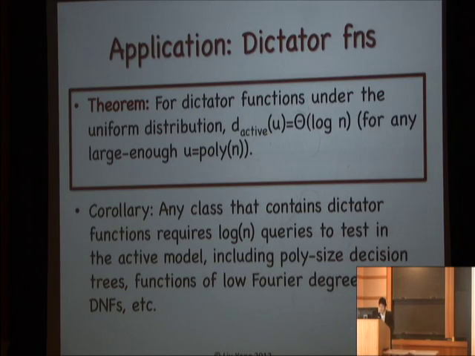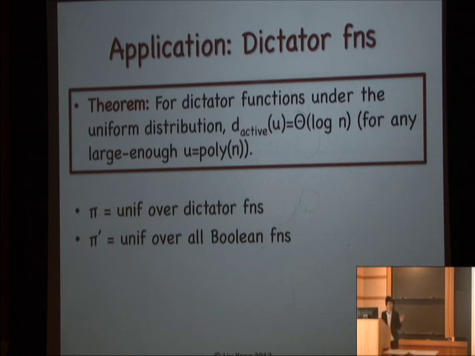Okay, let's see some examples of how we would prove lower bounds through this testing dimension. The first example is dictator functions, and we can show that active testing dictator-shaped functions over the uniform distribution requires log n queries. We're showing a lower bound through the testing dimension. Here's specifically how.